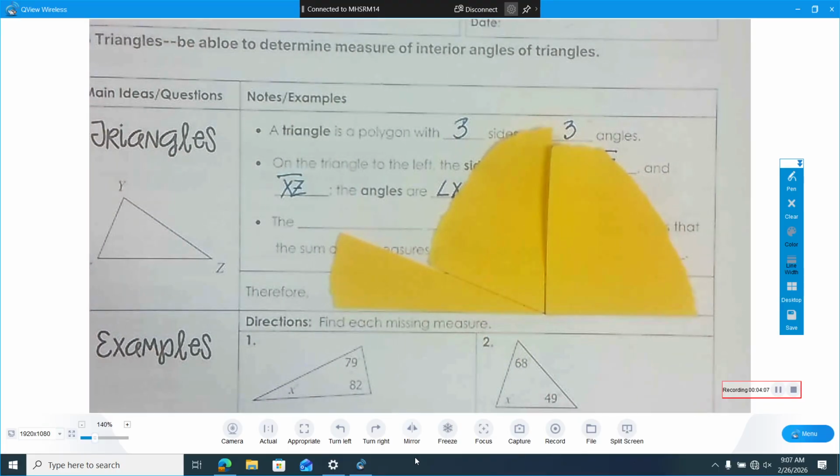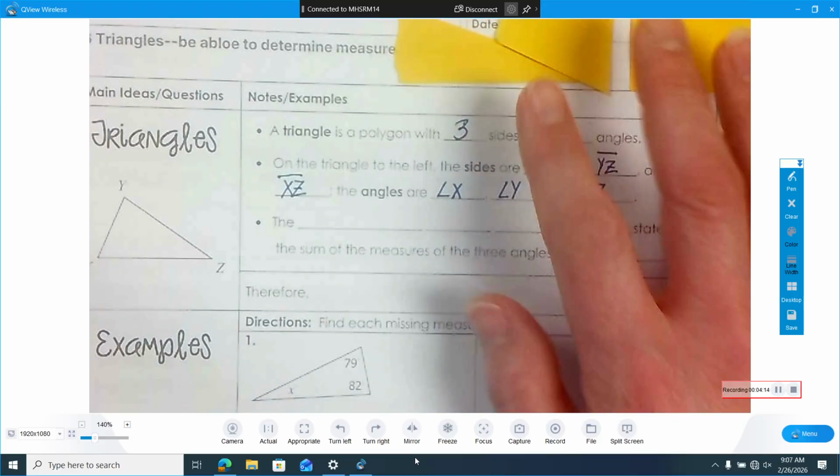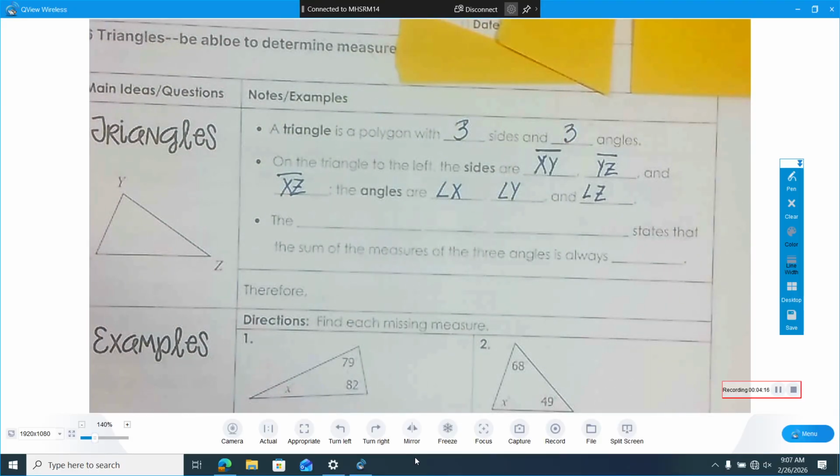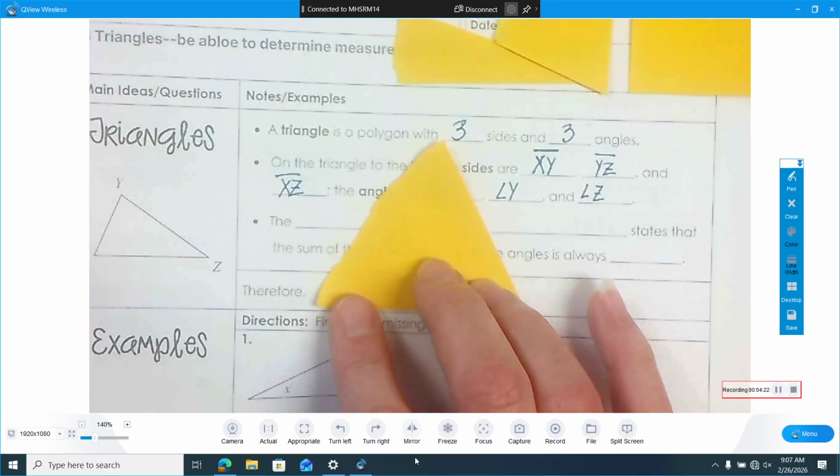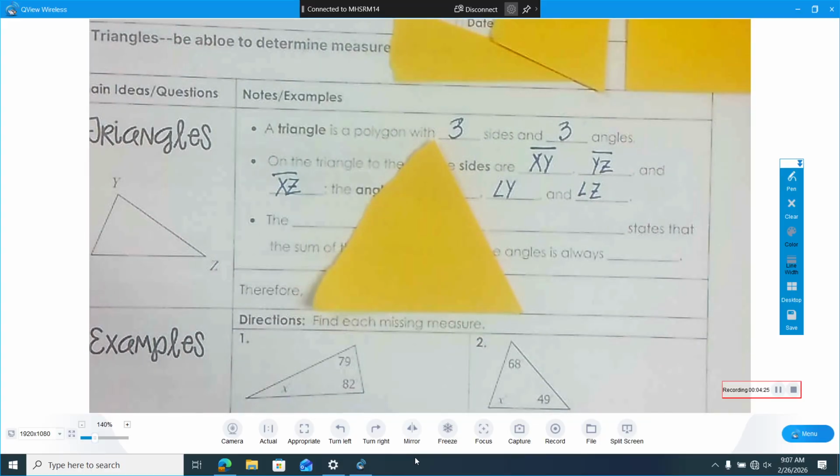Do you think it'll happen with the other one? Should we try? Let's try another. All right, here we go. Tearing off the corner of this one, placing it down. There's one. Here comes the other corner.